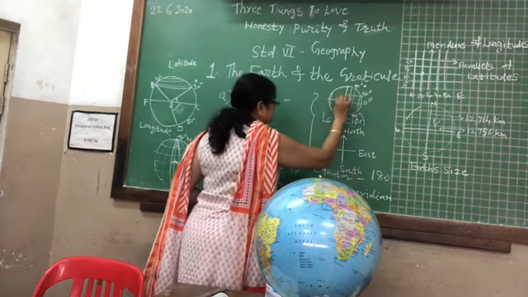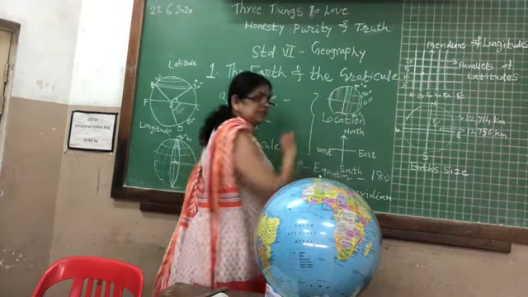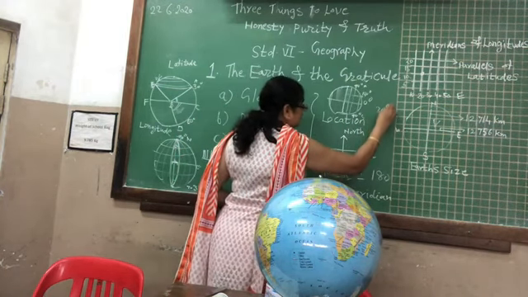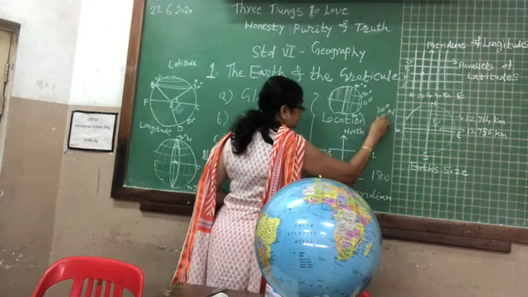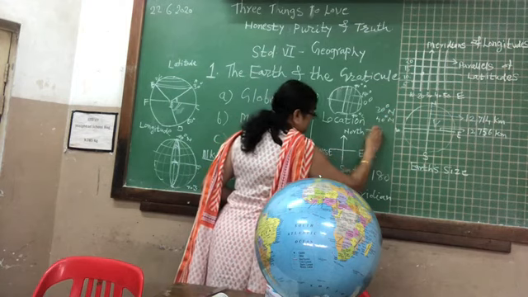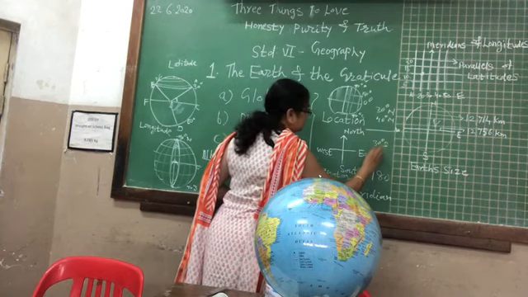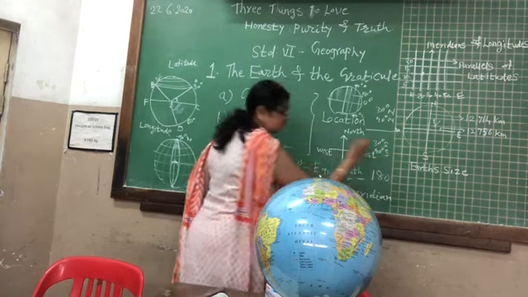The parallel lines which lie in the northern hemisphere, I will say 30 degrees north, 40 degrees north, and then 30 degrees south and 40 degrees south.